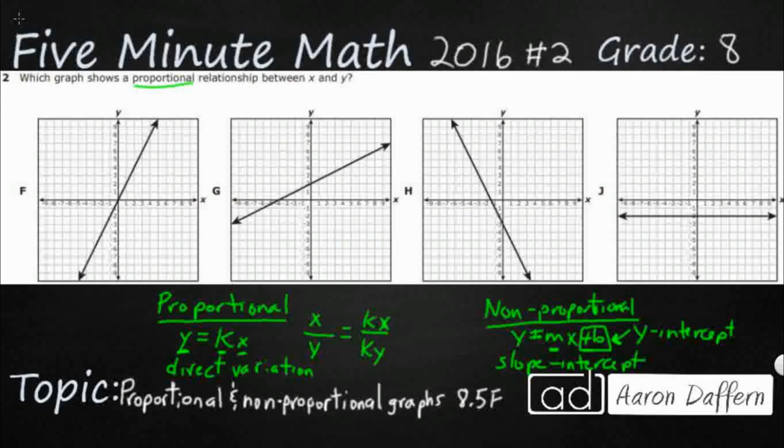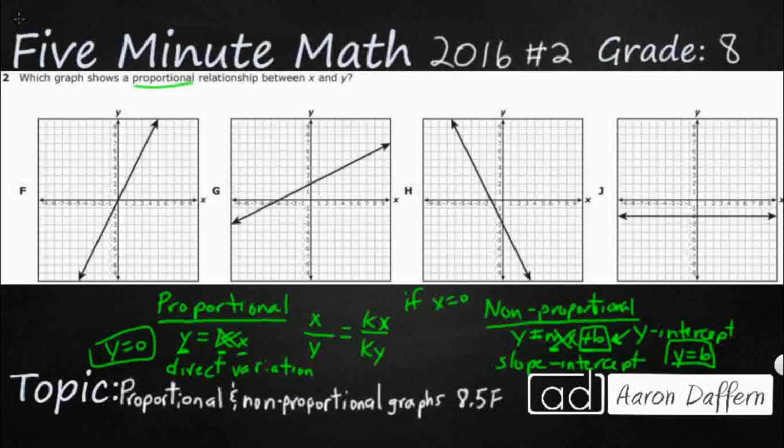And so what happens if you make x 0? So if x equals 0, well, in my proportional relationship, y would equal 0. In my non-proportional relationship, y would equal b, because if your x is 0, then you're just getting rid of the mx or the kx. And so that's the difference.